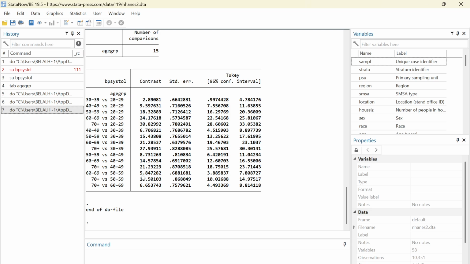If you look at these numbers, you see many bigger differences across them, and each group is being compared against all other groups.